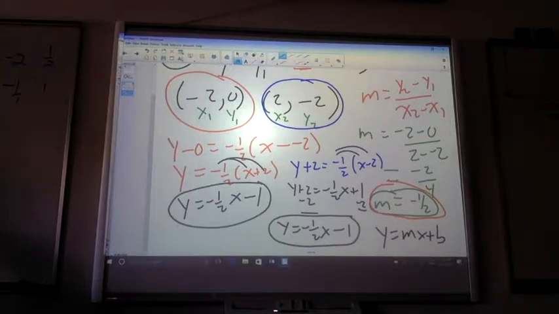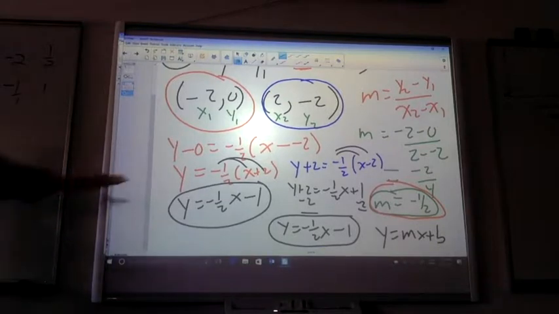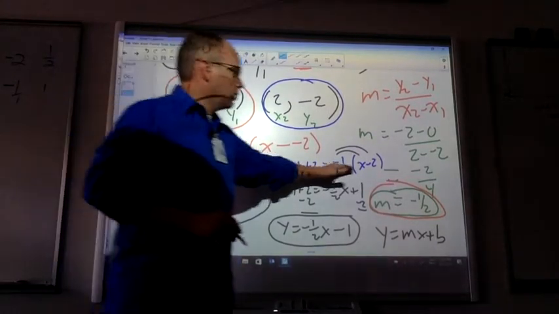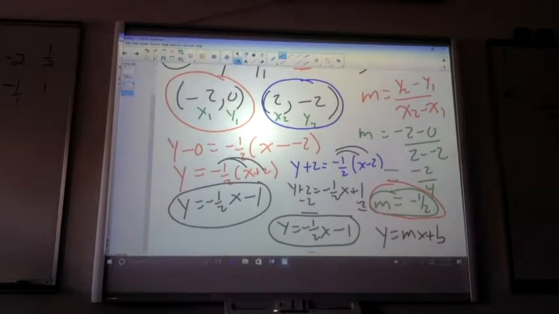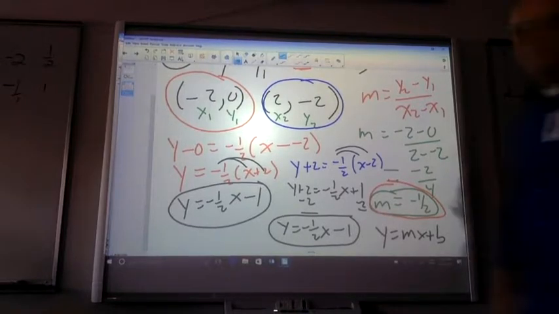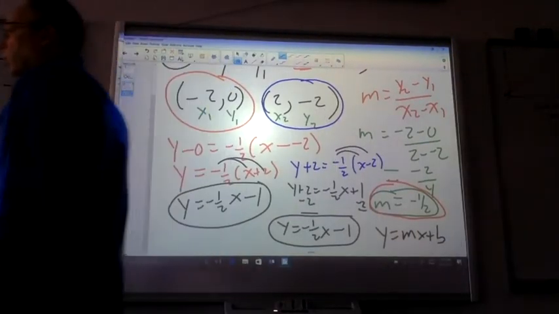Yes. So is this answer correct, and is this answer correct as well? Yes. They're both correct. So when you're using point slope, there's actually 2 answers you could get. They would yield you the same problem if you were to put it back in slope-intercept form, but that's okay. Which one's correct? They're both correct.